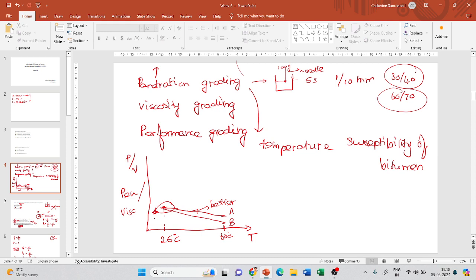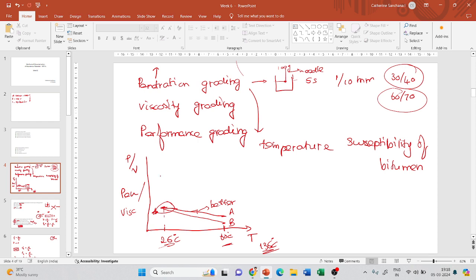No one will be doing that. So what they did is they identified a few temperatures: penetration at 25 degrees Celsius, viscosity at 60 degrees Celsius, and one more viscosity at 135 degrees Celsius to represent the temperature close to the mixing and compaction temperature of bitumen.